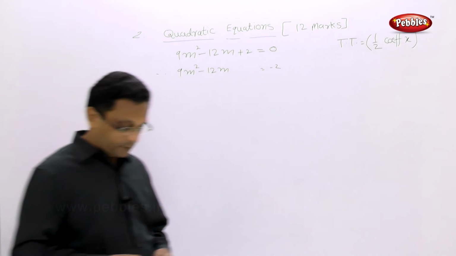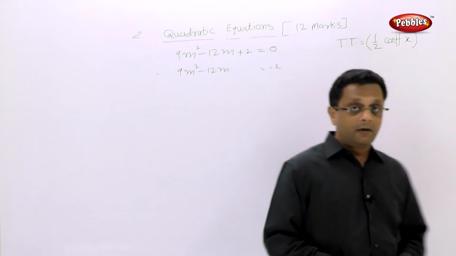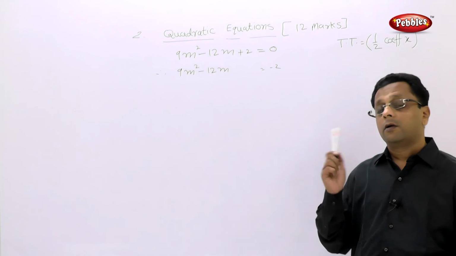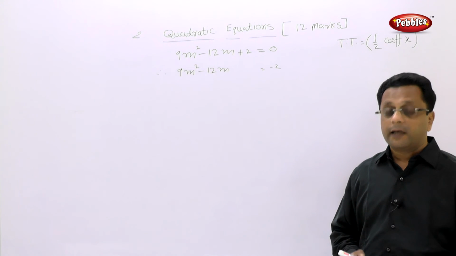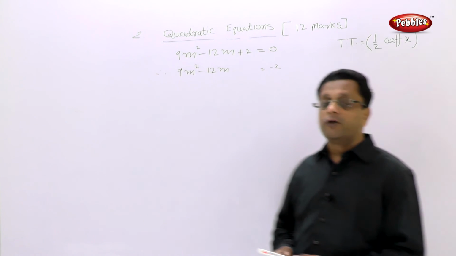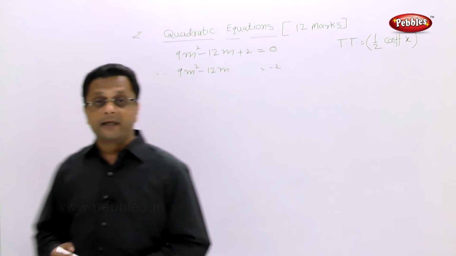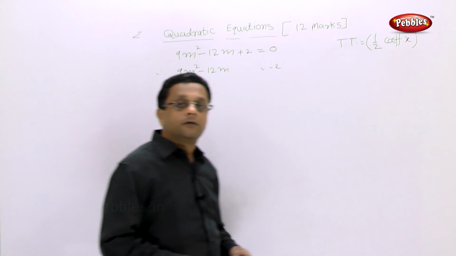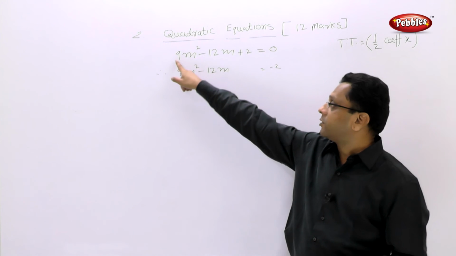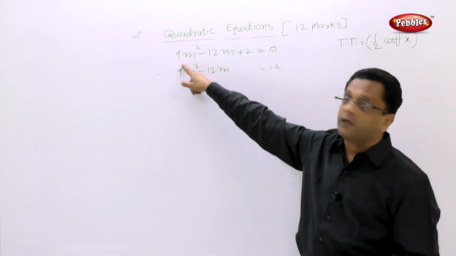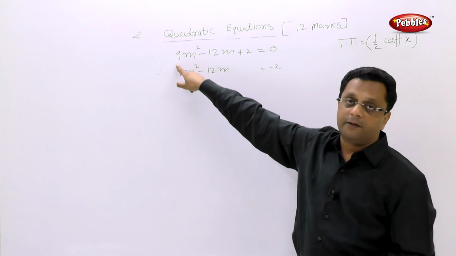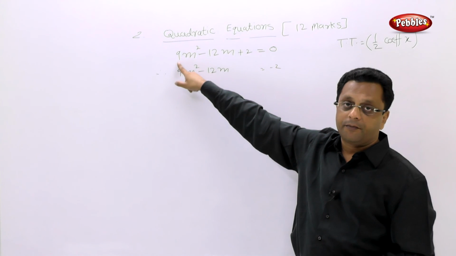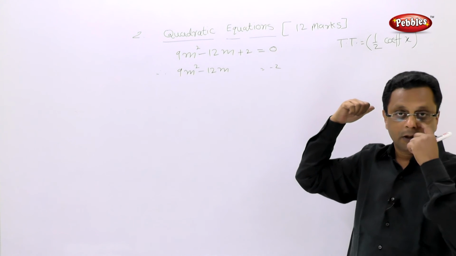But now remember, whenever we found out the third term, the formula for third term, at that time whenever you are taking half coefficient of x bracket square, there was no quadratic coefficient, it was absent, but now here 9m square is there, so you have to eliminate this 9. Okay, we have to eliminate this 9 for finding out the third term.